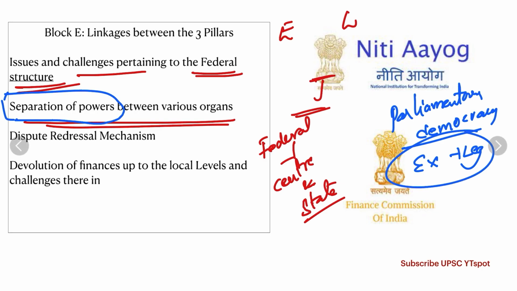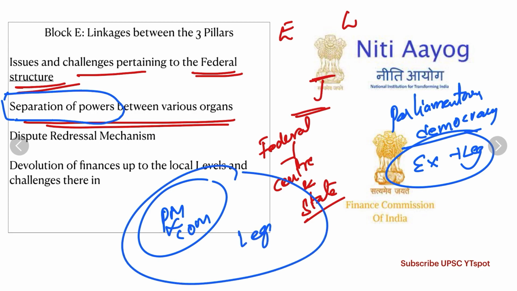That is, Prime Minister and his Council of Ministers are also members of the legislature. So, it is imperative that we study separation of powers between various organs and dispute redressal mechanism.